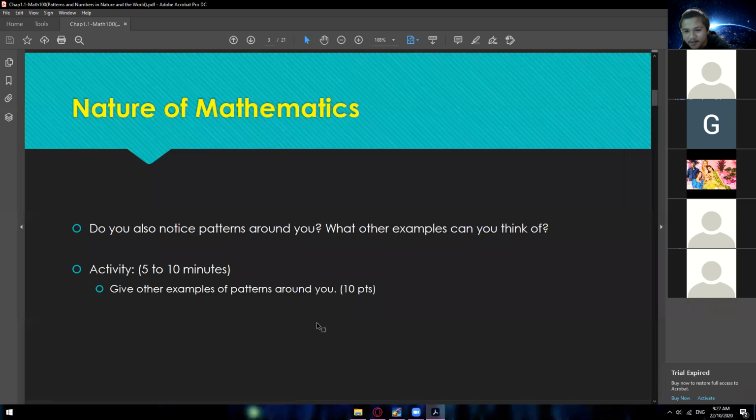Ayun. So, same lang. Alright. So, tama. House designs or paggawa ng bahay. Kasi nga, lagi naman tayo nag-uumpisa sa base or yung foundation. Hindi naman pwedeng bubong muna, and then yung walling, and then yung base. So, laging yung base muna or yung foundation, and then papataas. Okay? So, laging ganun yung pattern.